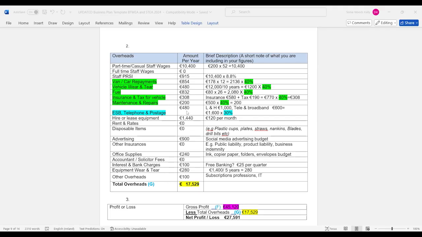However, if you're not renting premises and you're going to be using your home partly for business purposes, for administration, for doing your advertising campaigns, etc., what you need to do, a little bit like the motor, is estimate how much of your annual light and heat and telephone and broadband bill you will allocate for business and how much will be for personal.